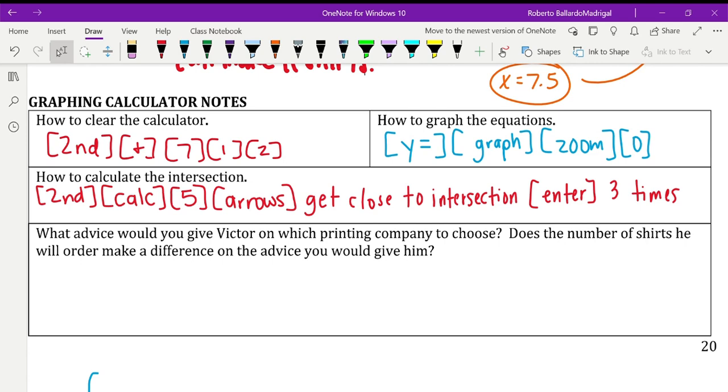So, in the menu, when you press y equals, the first one, y1, you're going to type in 7x plus 15. Now for the x, it's the button underneath mode. Yes, it's the one that says x, t, theta, and n. Has a bunch of letters in it. You press that button once, and that's going to be x. 7x, and then put plus 15.